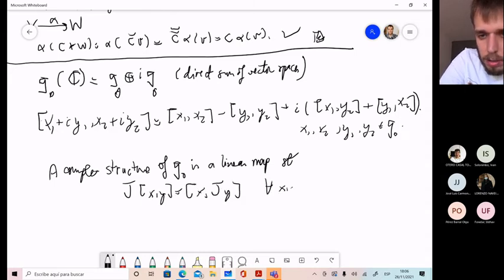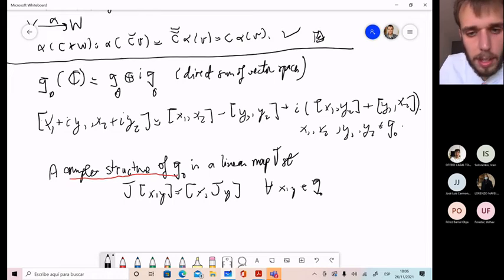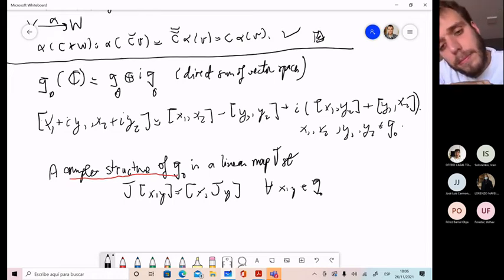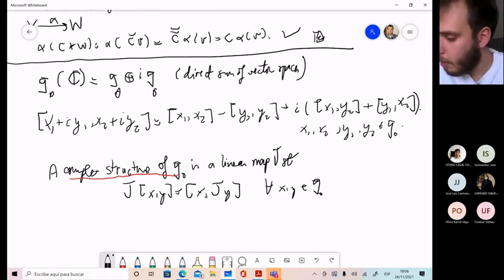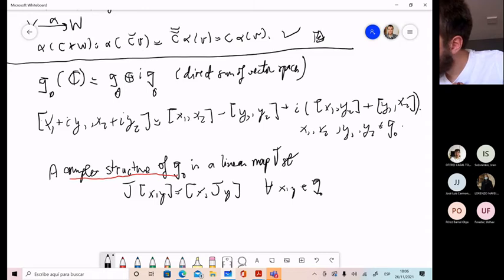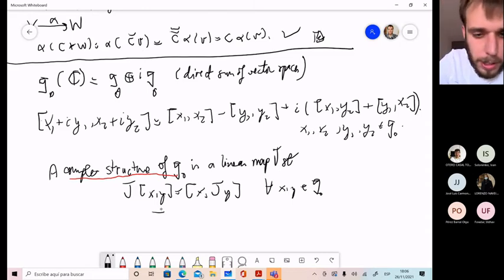This is true for every element in g0. So this is a complex structure of g0. It's a linear map J such that it can also go to the first position in the bracket, but yeah, okay. And of course, J squared is minus the identity.